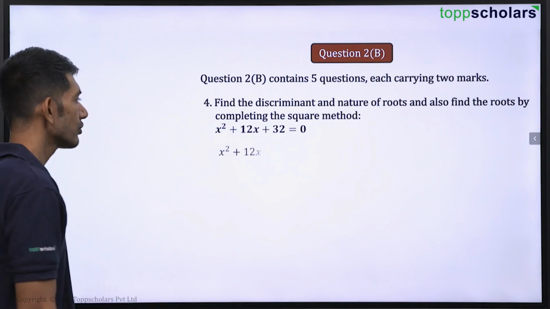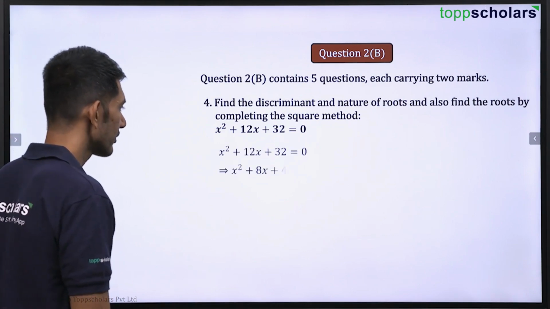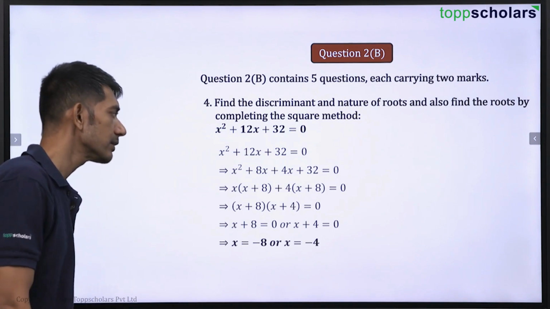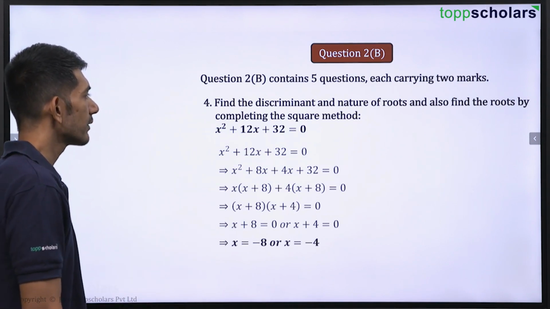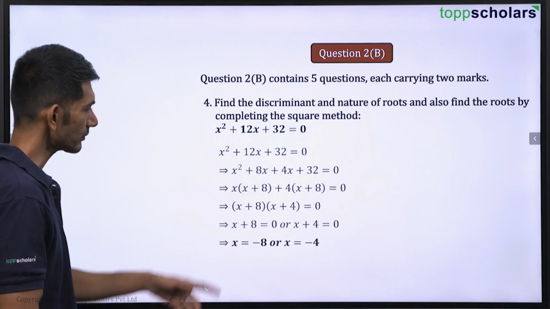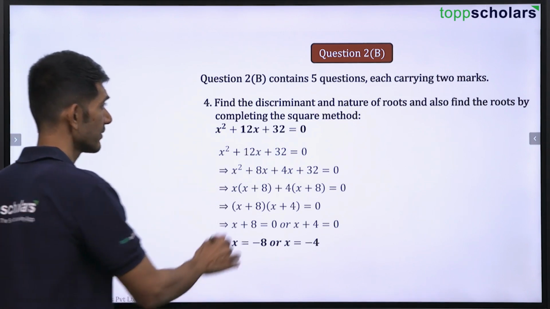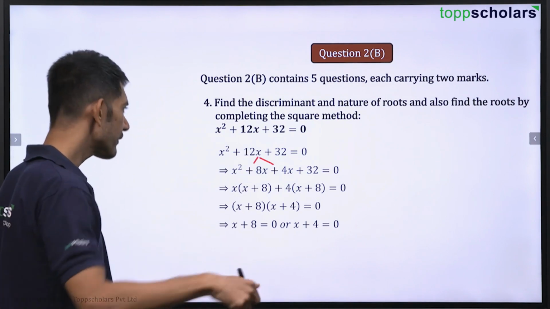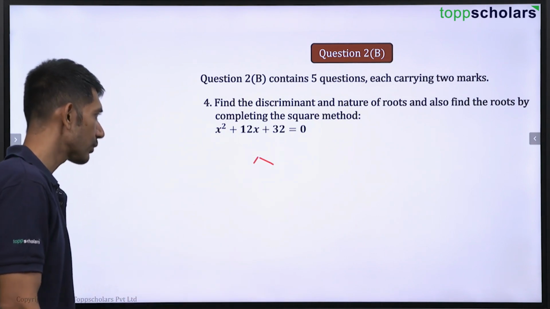Okay. So completing the square method. What is the process? Okay. So this is not completing the square method. They have solved it with the help of factorization method. See, this is factorization method. That's okay, no problem. We will solve it by completing the square method. How to do that?